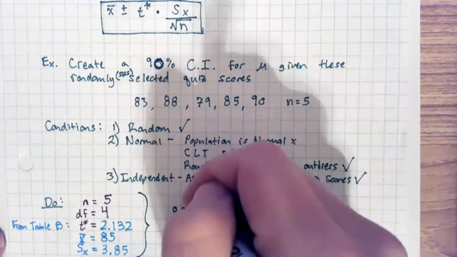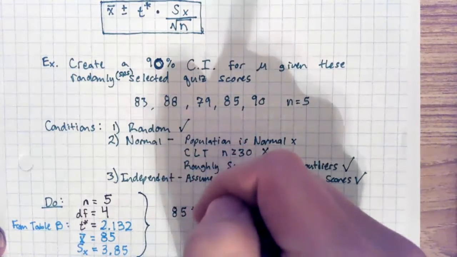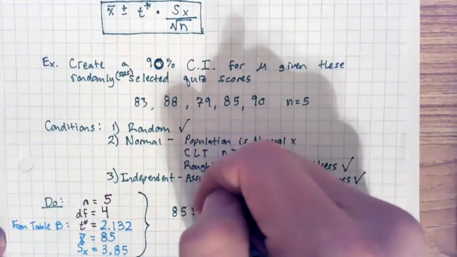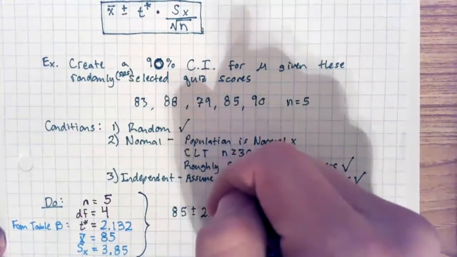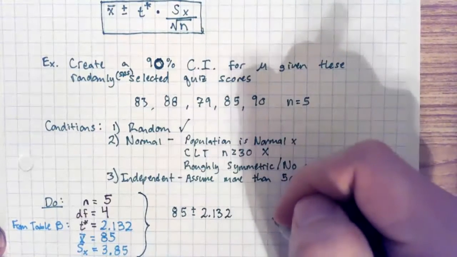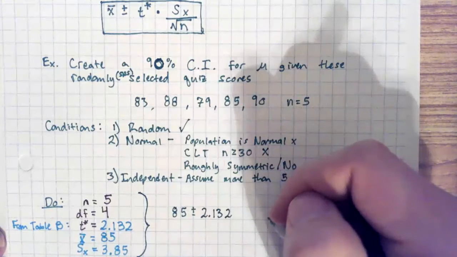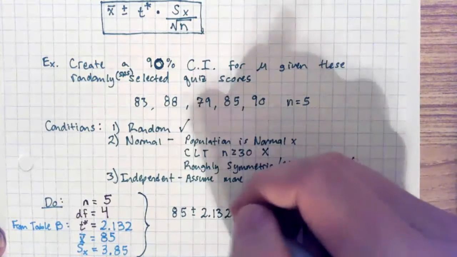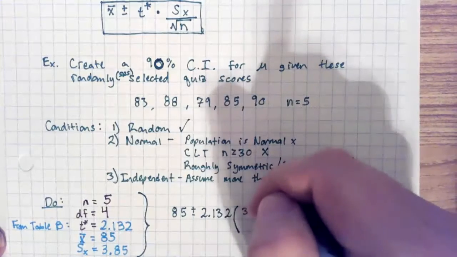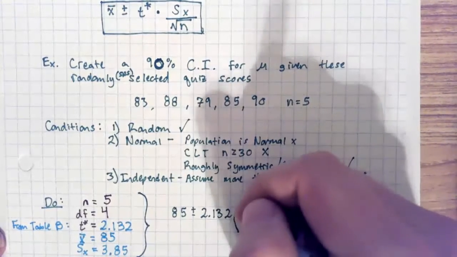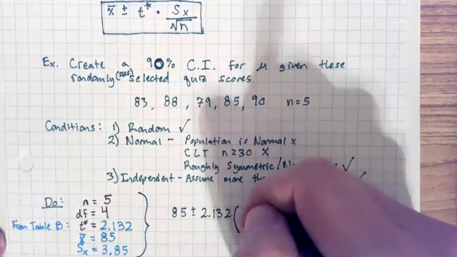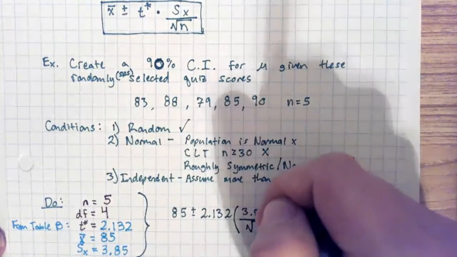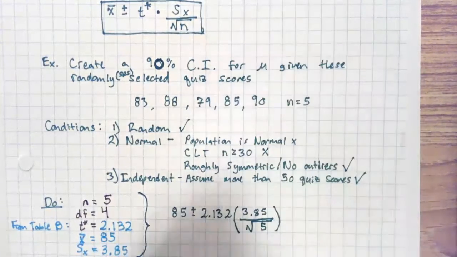So we'll go with 85 plus or minus the critical value, 2.132, and then we're going to multiply all of that by the standard deviation, which I rounded to 3.85, and divide it by the square root of the sample size, which was 5.